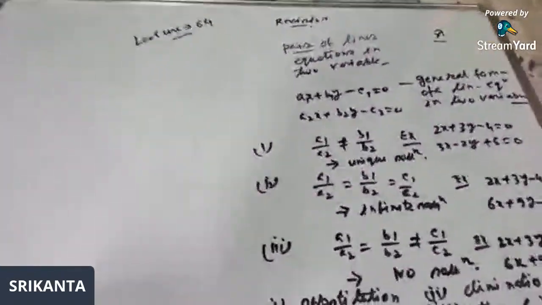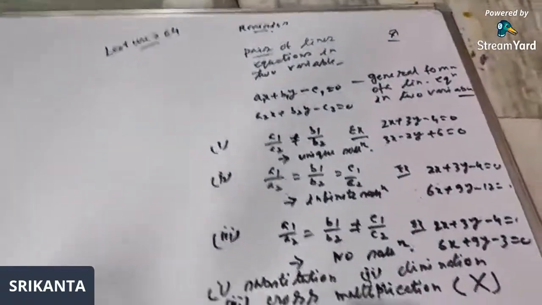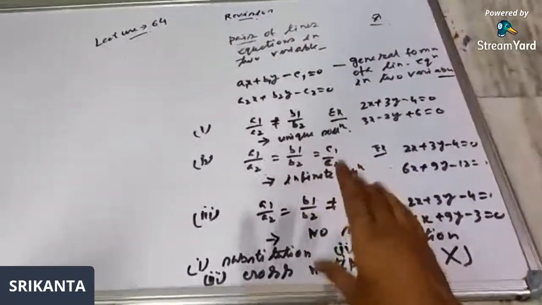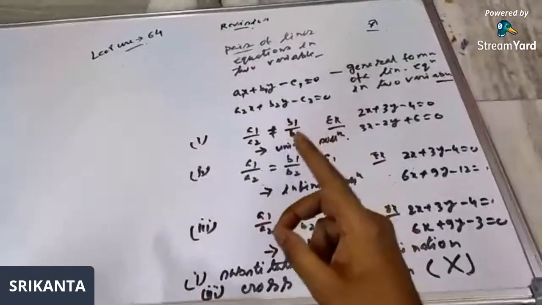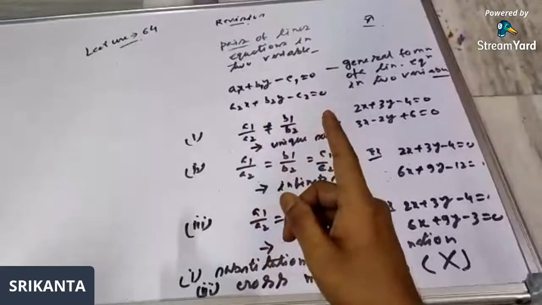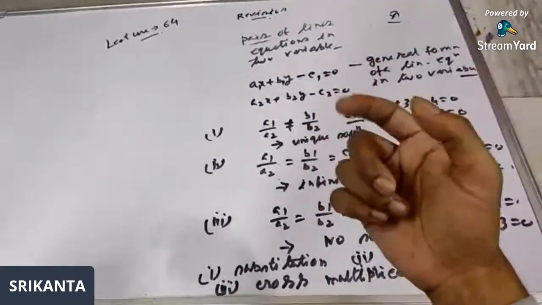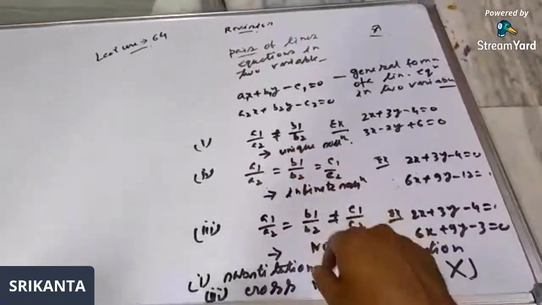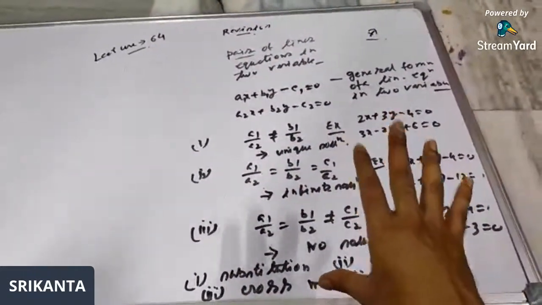So in the previous class, that is lecture 63, we have done up to this, right? Pair of linear equations in two variables. There is one given pair which includes two equations. So there are three cases in fact, and we have discussed all these cases in our previous lecture.